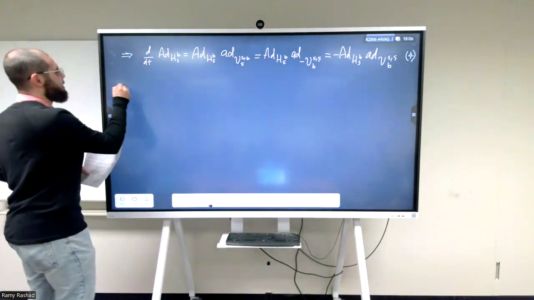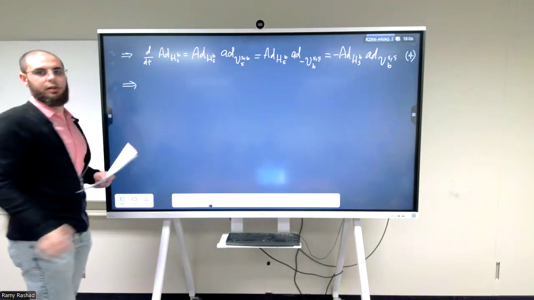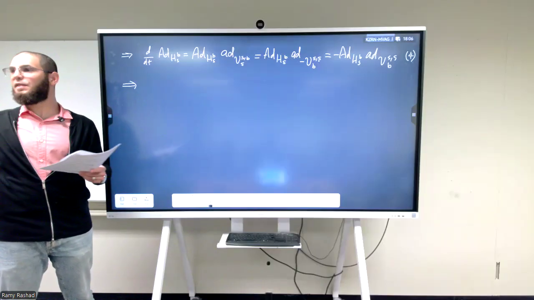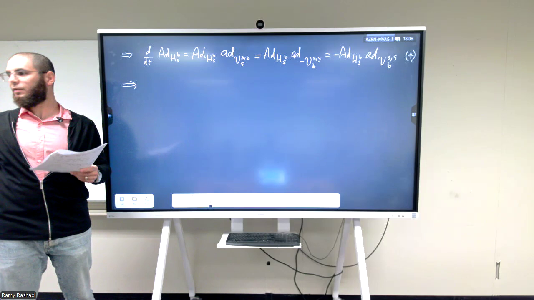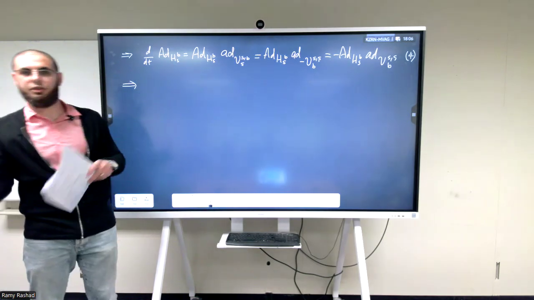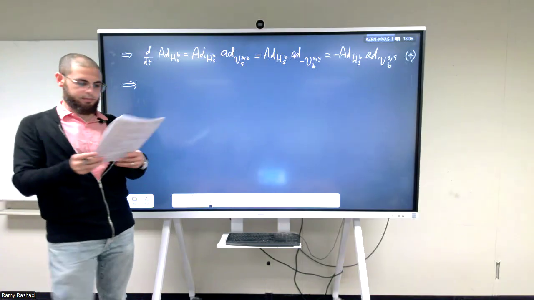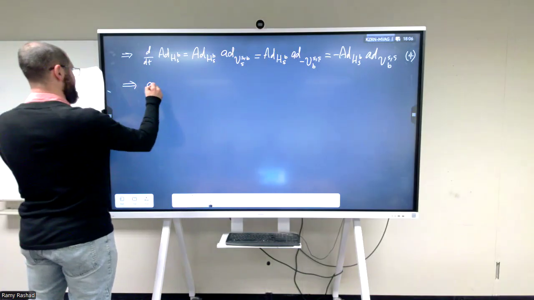Now we're going to have another property. This is the property we started with. Another property related to what Tariq was asking about: if I have the small adjoint map itself, and I want to change the twist inside from one frame to the other, how do the coordinates change? The answer is that it changes by this expression.